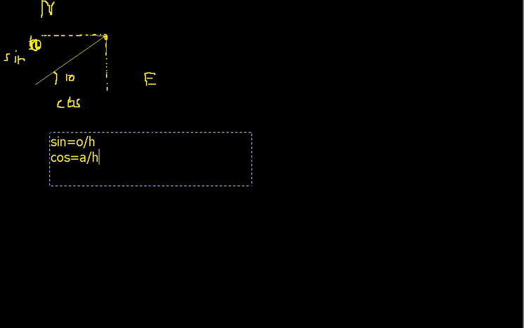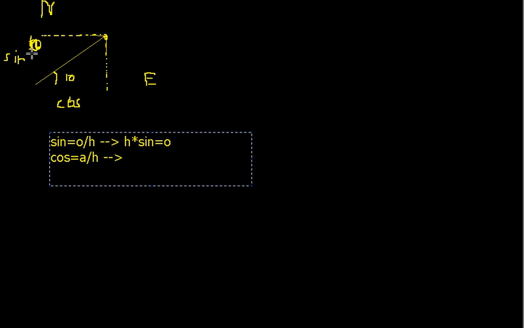Well, one thing that we can do is, if we take this and just multiply both sides of the equation by h in both of these cases, all we get is that h times the sine is equal to O. And O, the opposite, in this case, that's this side right here, the height, and H we said was 10, right?